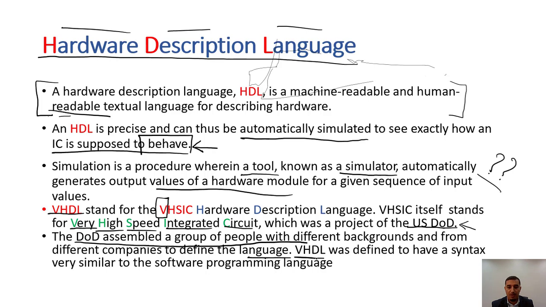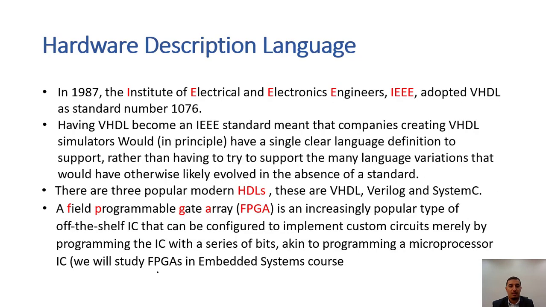They came up with VHDL, which had its own syntax, very similar to programming any software. Next, in 1987, the Institute of Electrical and Electronics Engineers said they were going to use VHDL as the standard for programming ICs, and the standard is called 1076.